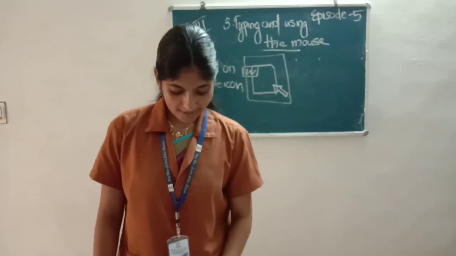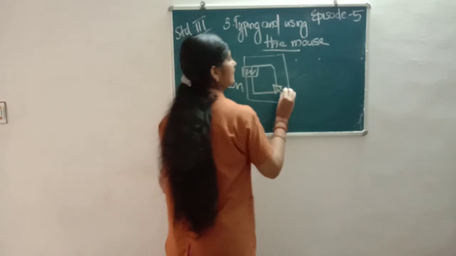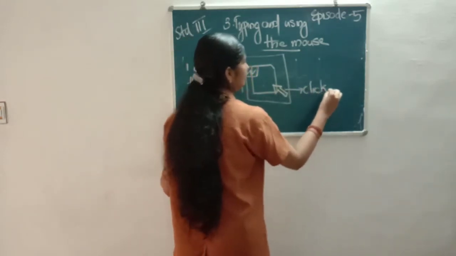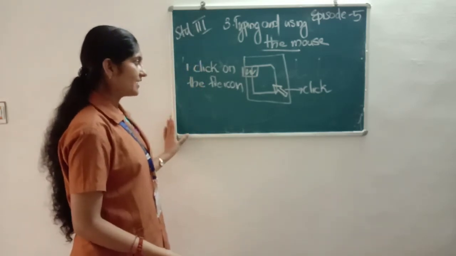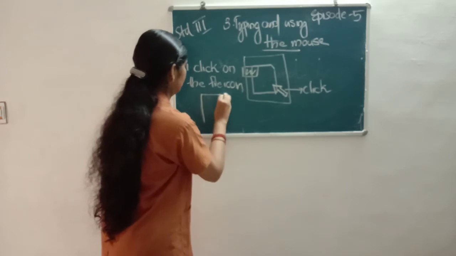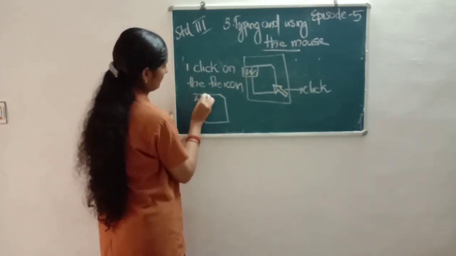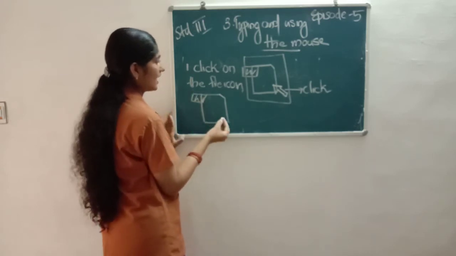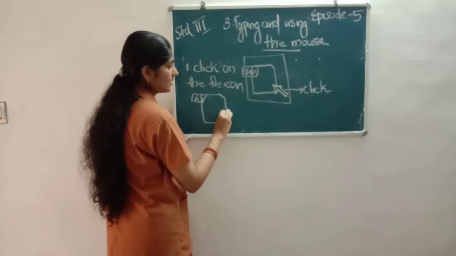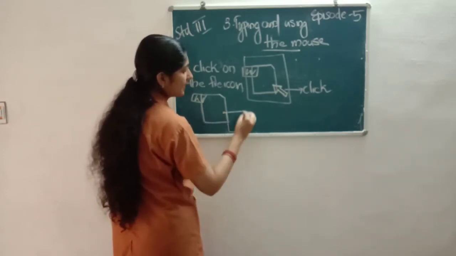Then, second question, right click on the file icon. So, this is click, then right click means, first just press the right button and a shortcut menu will appear.